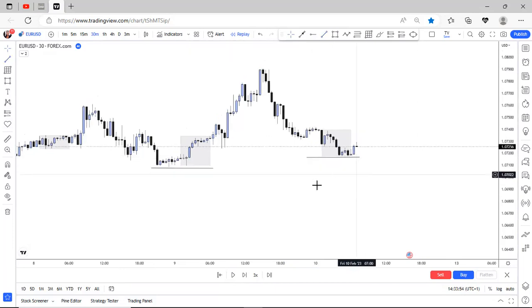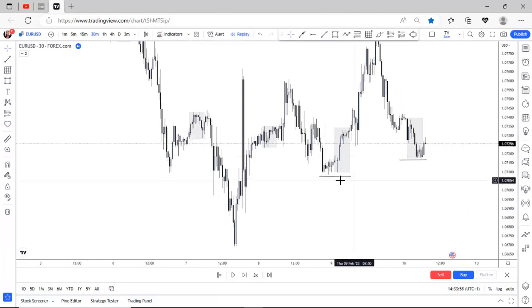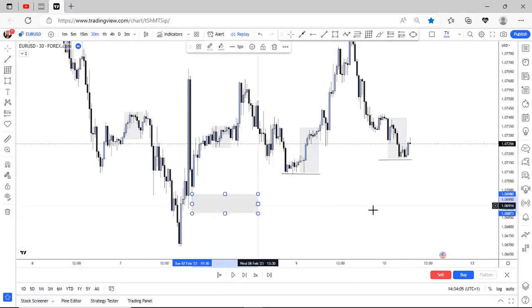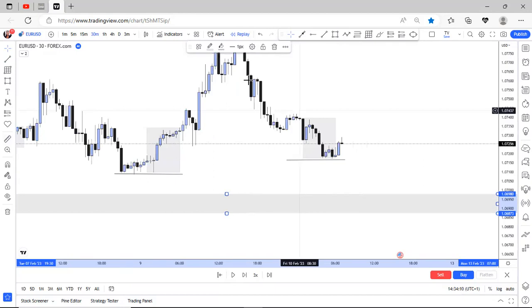This is another liquidity. So for me, I knew we were going to sell, because price has liquidity to grab at this level, and at this level also on the lower time frame we have an FVG to be filled at this level as well.